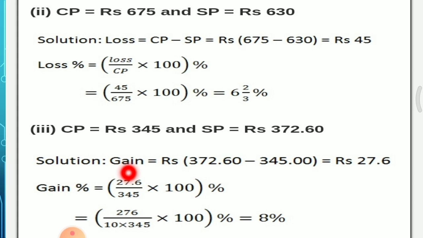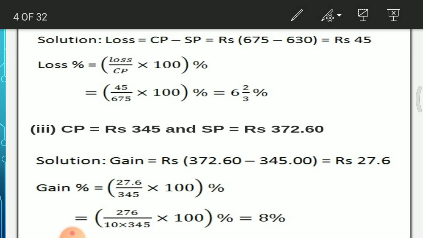After that you find gain percent. Gain percent is equal to gain by CP multiplied by 100, 27.6 by 345 multiplied by 100. When you calculate it, your answer will be 8%.